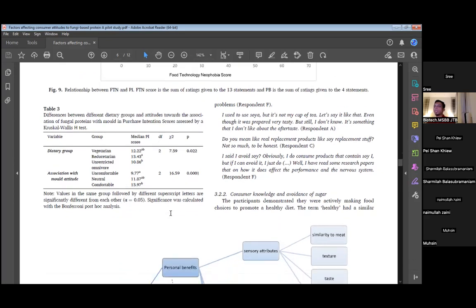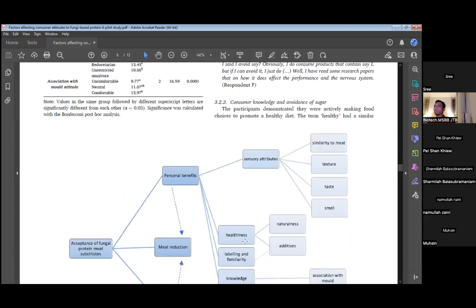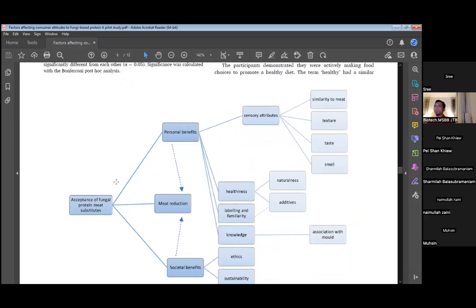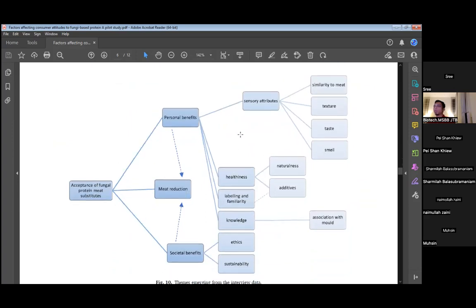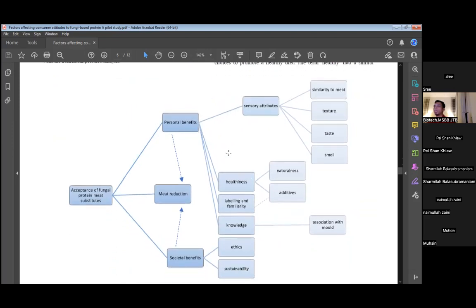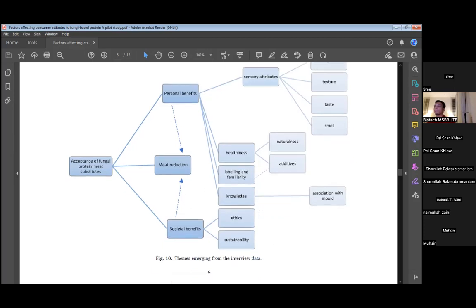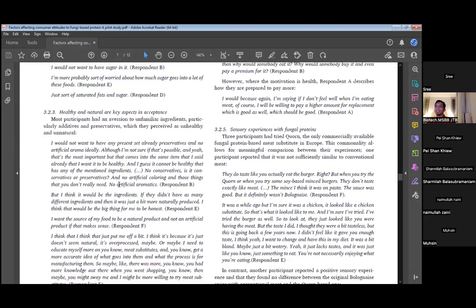And so on, the median of the PB score, right? Based on the data and information that they have, they can also convert it into a diagram in terms of the flow, sensory attributes, what is involved, personal benefits, what is involved. They can do some predictions here and draw it into the diagram. These are all qualitative analysis.